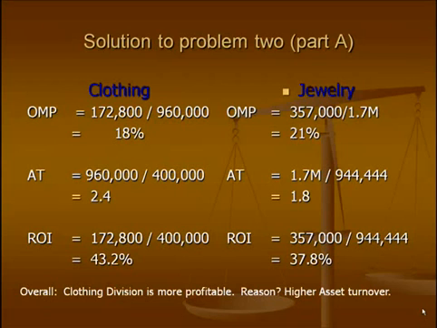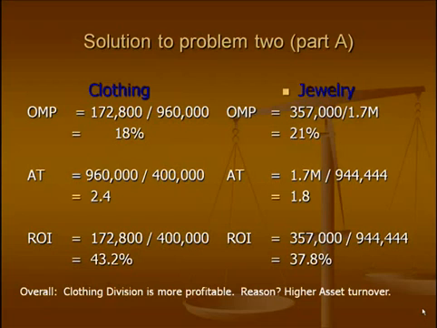So the average assets for clothing is 400,000, and for jewelry is 944,444. So when you calculate it, the asset turnover is 2.4 for clothing division and 1.8 for the jewelry division.